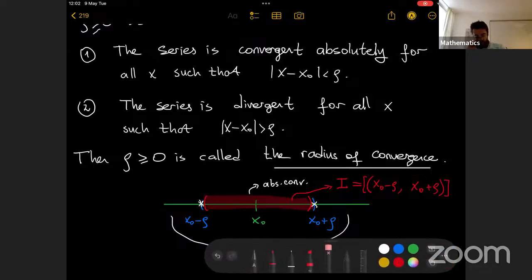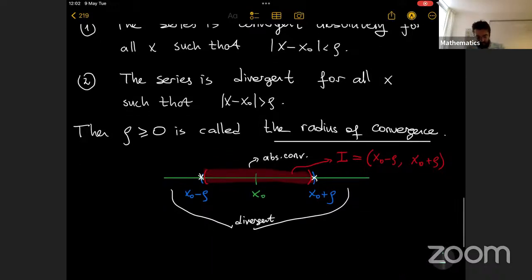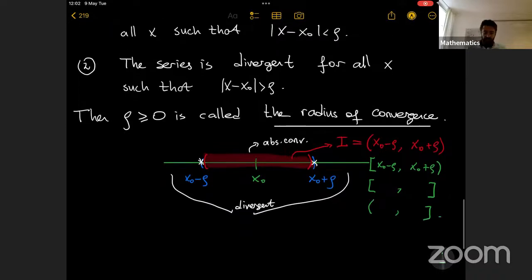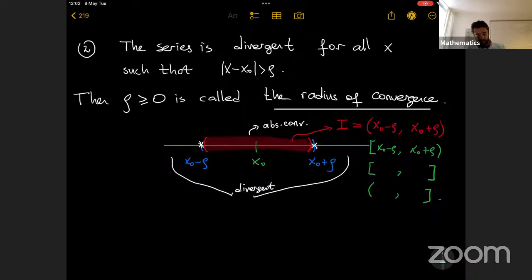Or maybe let's write it, not for the confusion here. It may be like this. Or this. Or it can be like this and so on. Anyway, I is the interval of convergence, okay?